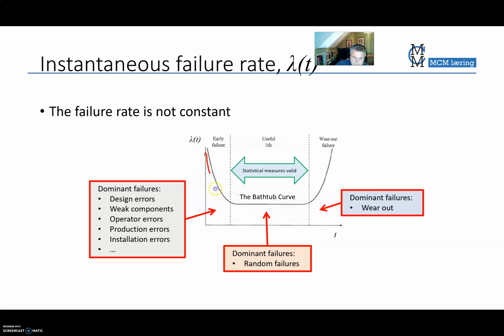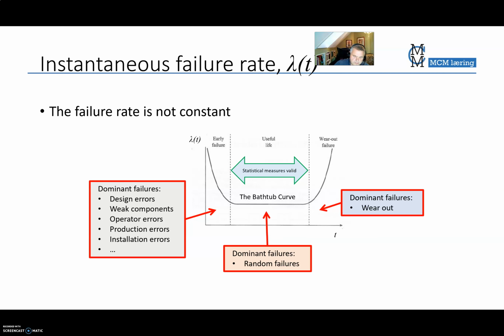You have many failures in the beginning of the lifetime of the product, and then you have many wear-out failures at the end. So say, for example, for a normal car, you would have a few problems in the beginning when it's brand new, and then you would have a rather constant failure rate in what is called the useful lifespan of the system, and then you will have a rising failure rate because of wear and aging of the device, or the device elements.